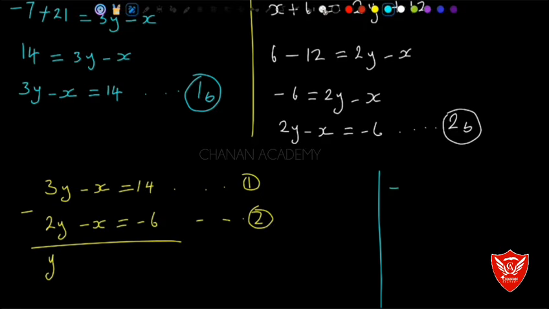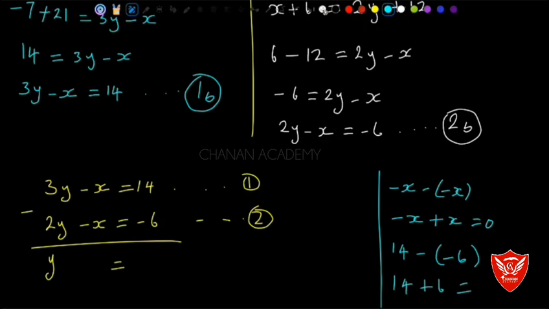If we have minus x minus x, it is going to become minus x plus x, which is 0. Then we're going to have equal to 14 minus 6. 14 minus 6 is going to give us 8... All right, so the son is 20 years today. So y is 20. So this is what we are asked to look for.